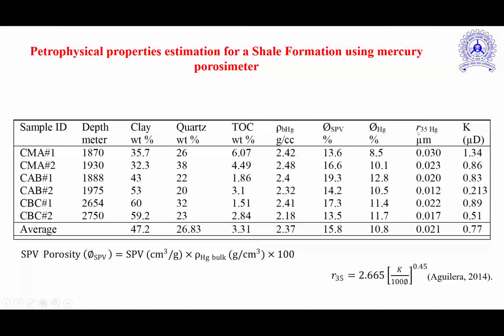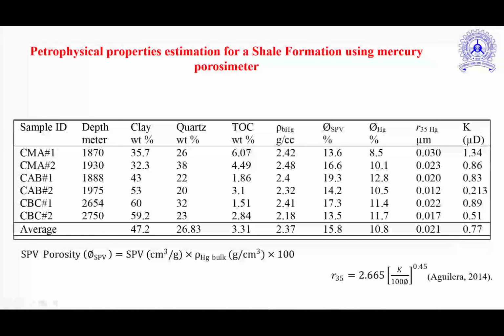R35, that's the 35th percentile, we determine from the MICP, the mercury intrusion porosimeter, because simple low pressure nitrogen adsorption could tell you the micro level porosity, and the macro level you can determine from the mercury porosimeter. So different types of porosimeters are used to identify all ranges, from micro, meso, and macro porosity. From there, we determine the permeability.